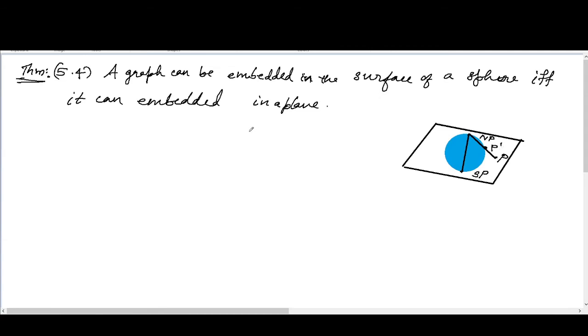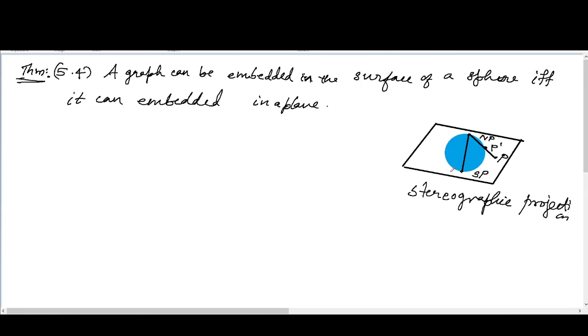Okay. Now here we are considering the stereographic projection. Here we put the sphere on the plane and call the point of contact SP, the south pole.